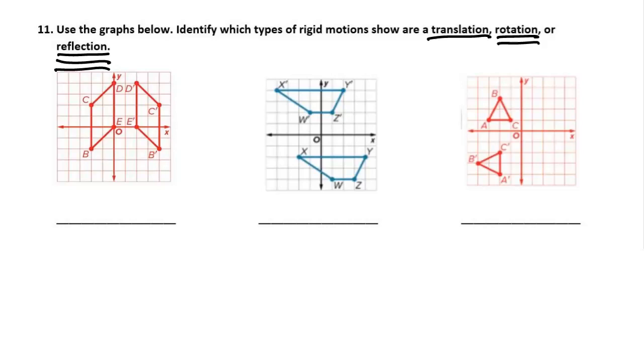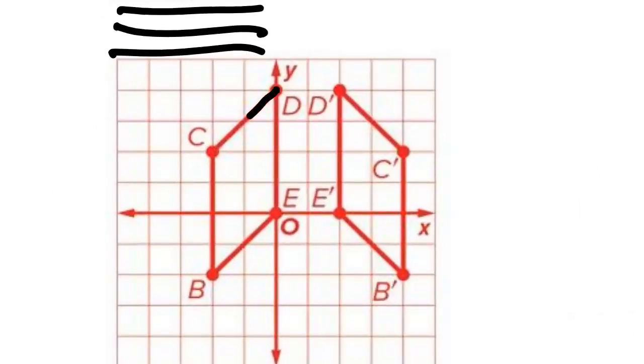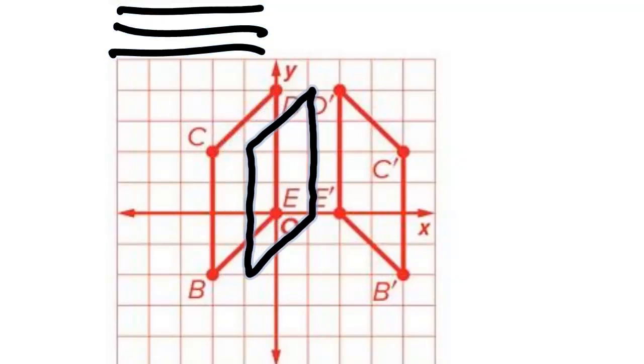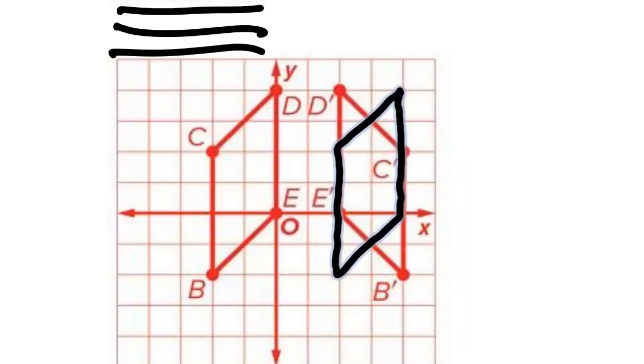A translation means a slide, right? If I wanted to check for a translation using graph paper, I'm going to copy my shape onto my graph paper. And then I'm going to slide it and try to make it match up with that other shape.